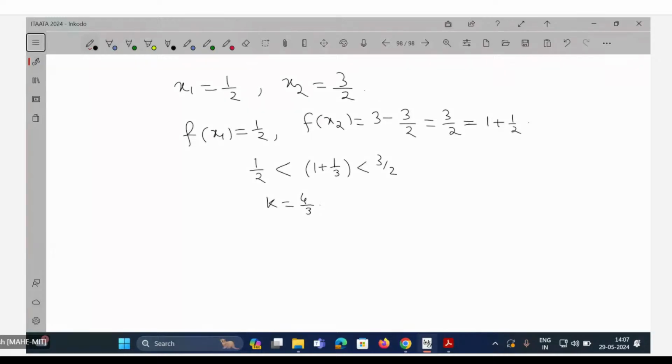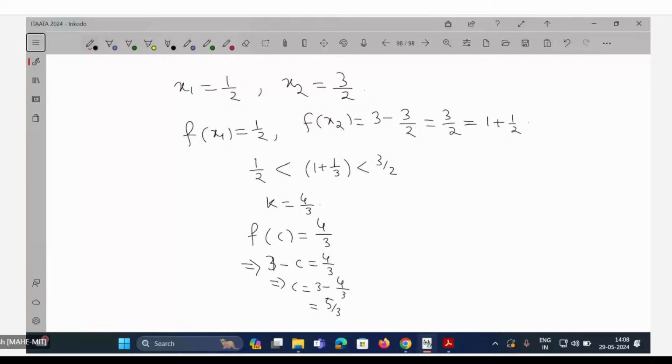So if f of c is 4 by 3, then obviously c should be greater than 1, and therefore 3 minus c equals 4 by 3, and c is 3 minus 4 by 3, so 9 minus 4 over 3, which is 5 by 3.